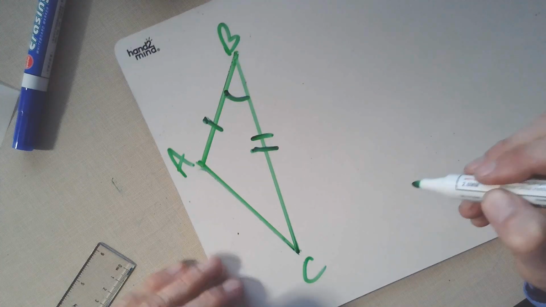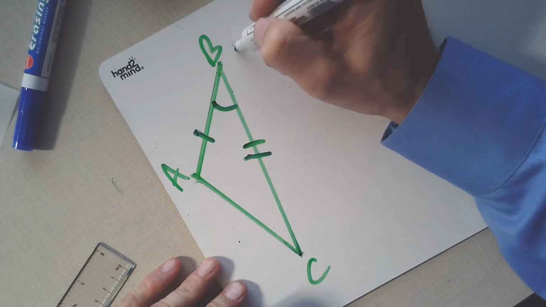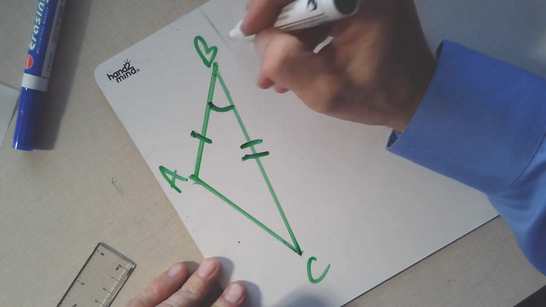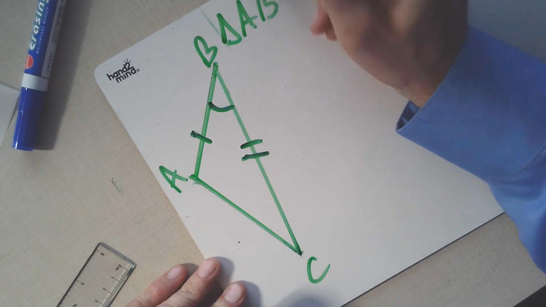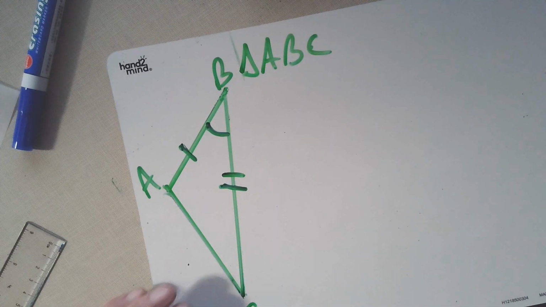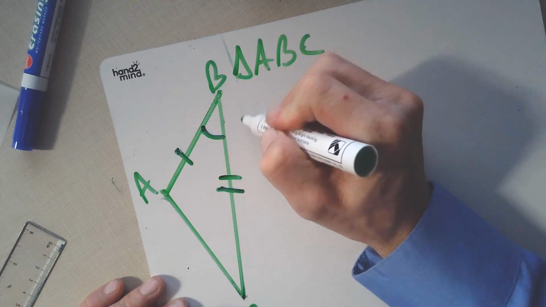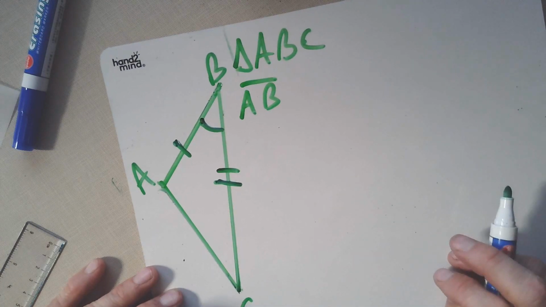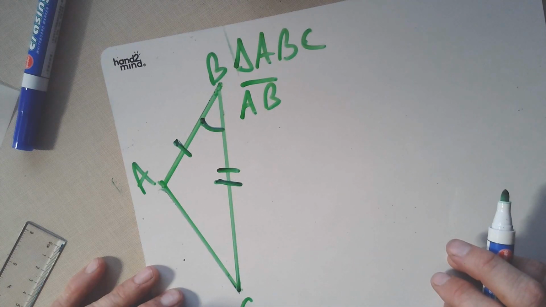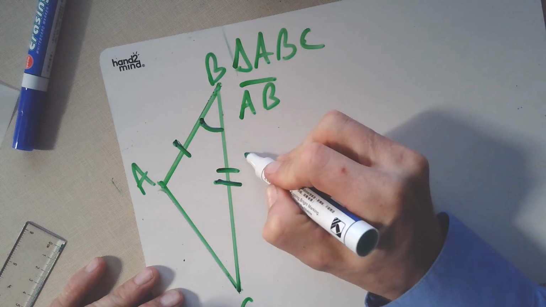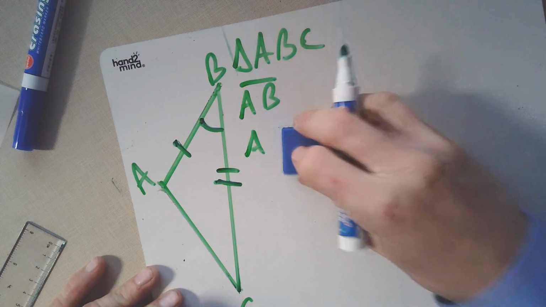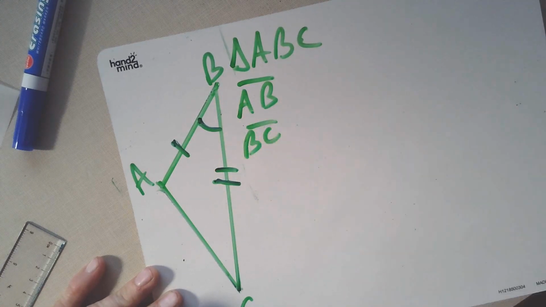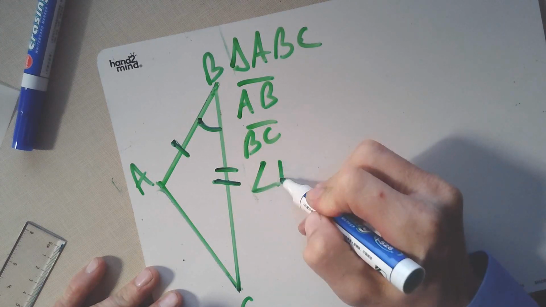So I need to know the length of segment AB to construct a congruent triangle. I need to know the length of segment BC. I need to know the measure of angle B.